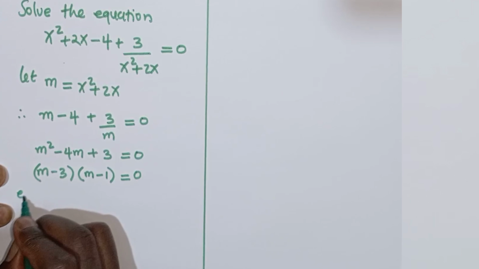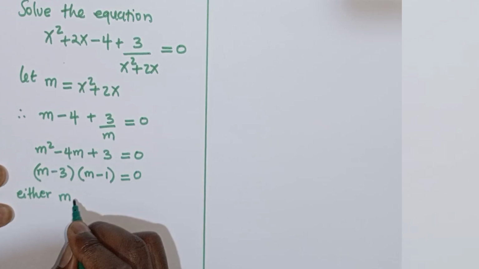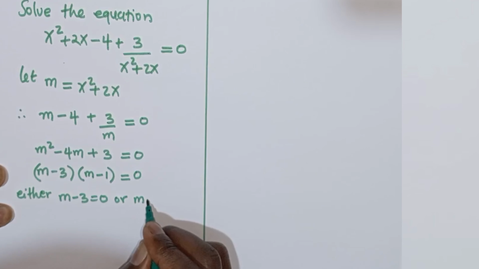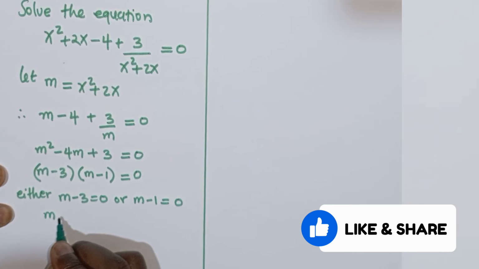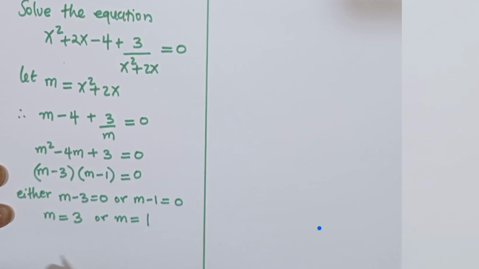You can use any method that you want, either quadratic formula or factorization. So we say either m minus 3 is equal to 0 or m minus 1 is equal to 0. So m is equal to 3 or m is equal to 1.